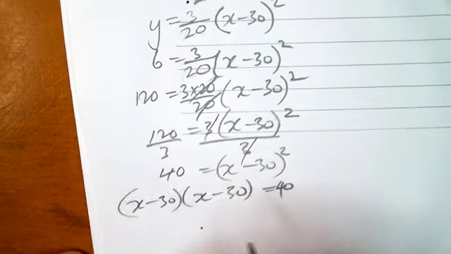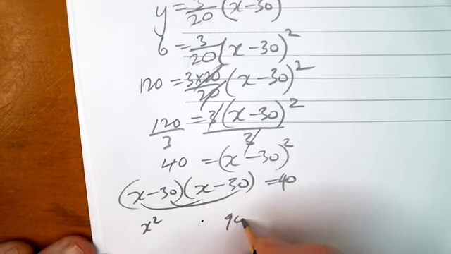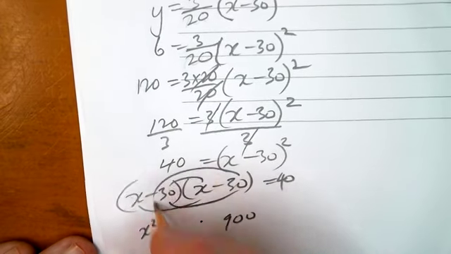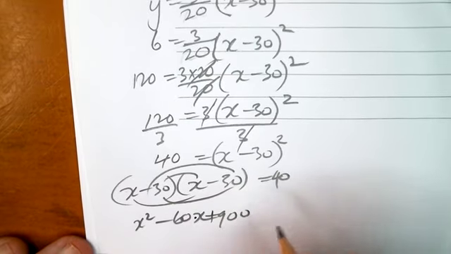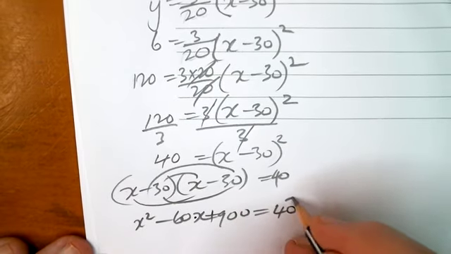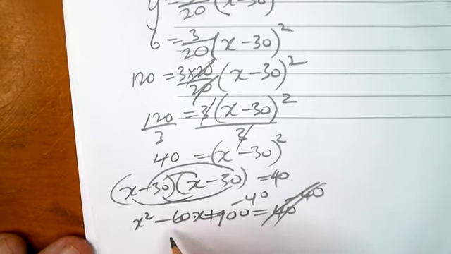There it is. x times x is x squared. 30 times 30 is 900. And negative 30 and another negative 30 is negative 60x. Plus my 900 is equal to 40, but I'm going to subtract 40 from both sides. So now I've got my equation.